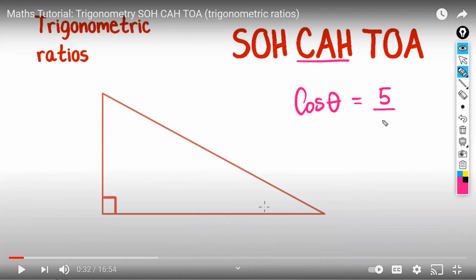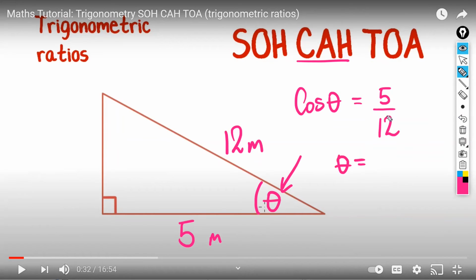Let's say the hypotenuse is equal to 12 meters and the adjacent side is equal to 5 meters, guys. And let's say we need to find the angle. We'd have to find the cos inverse of 5 over 12, and that would give us the angle here.